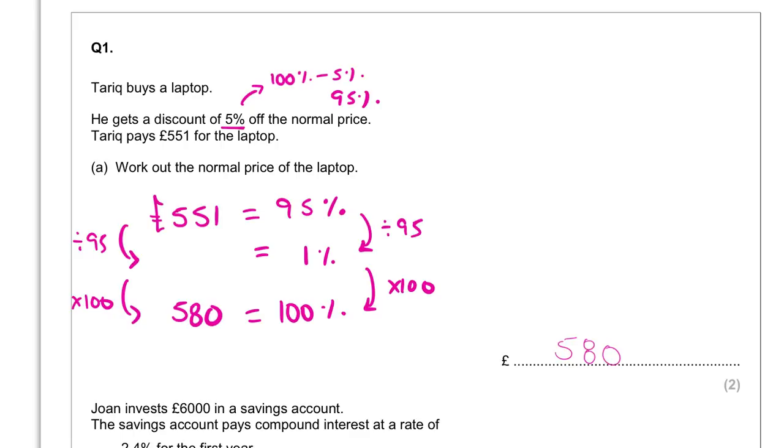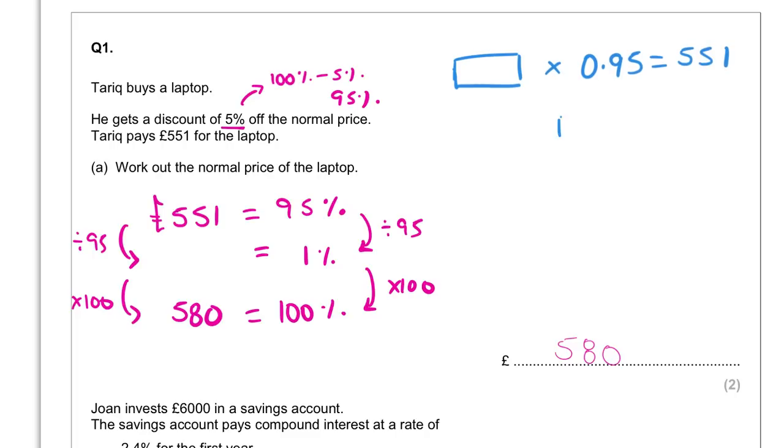And this makes sense because originally it should be more expensive if we've got the 5% discount. The other way we could do this question is using the multiplier method, where you say to yourself, we don't know how much the original is. We multiply that by a decrease of 5%, which is 95% of a number. As a multiplier, as a decimal, that is 0.95. And we know that equals 551. So how are we going to find the original one?